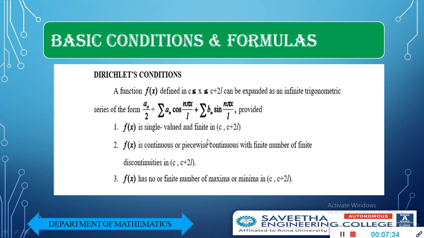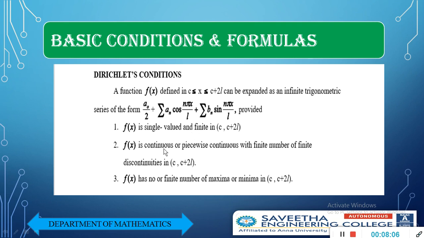State Dirichlet conditions. A function f of x defined in c less than or equal to x less than or equal to c plus 2l can be expanded as an infinite trigonometric series of the form a naught by 2 plus summation a n cos n pi x divided by L plus summation b n sin n pi x divided by L, provided: number 1, f of x is single valued and finite.